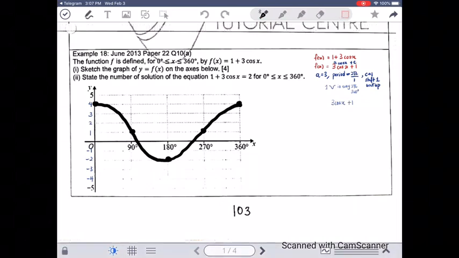Now we go to question number 2. State the number of solutions of the equation 1 plus 3 cos x equals 2.